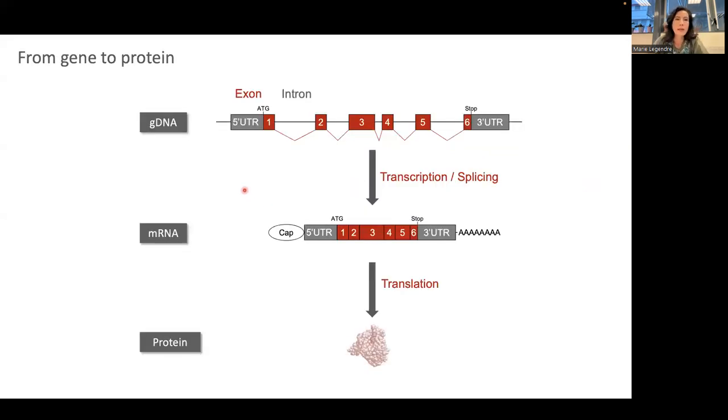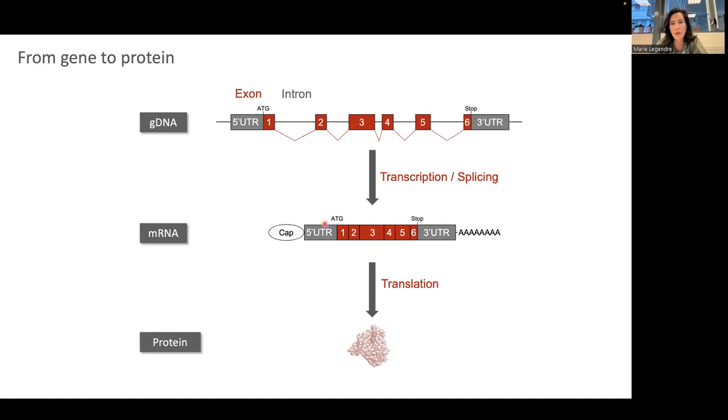So how do we get from the gene to the proteins? Let's start with genomic DNA, with the example of a gene with 6 exons, here in red. Then we get to the RNA by removing the intervening sequences between exons. The RNA is the type of molecule that may be a future option for potential treatments for PCD.